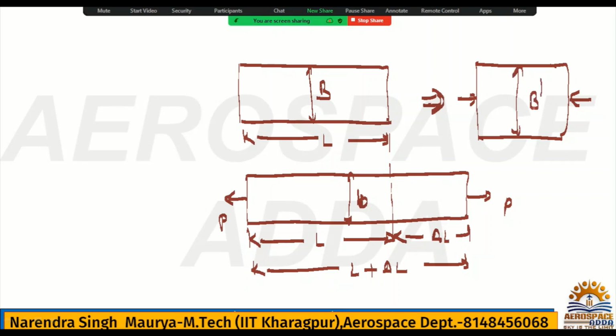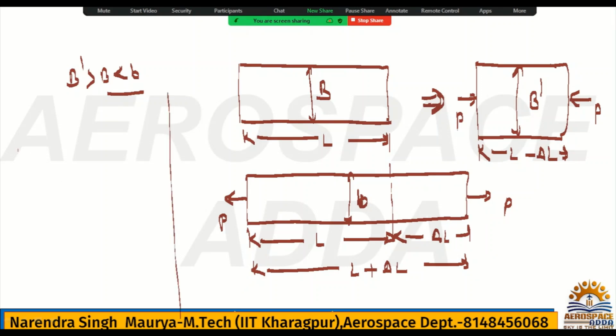That means B dash is always greater than B, and this B is greater than small b. So if there is compressive load, more width will be there, and this length will be L minus delta L, means length is decreased. So what points you got?